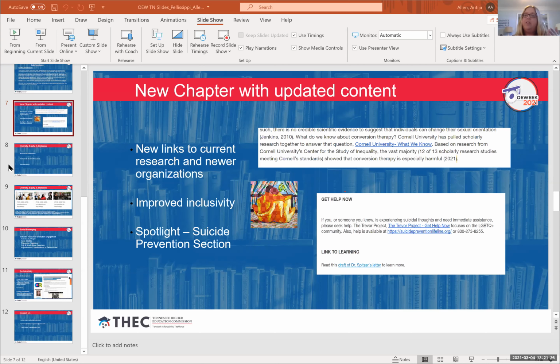Then we can infuse them into other chapters where it might be pertinent, where I've linked to the Trevor Project, which is a very popular and widely used LGBTQ website that has great suicide prevention aspects. And then the Suicide Prevention Network, as well as the web link and the phone number for students to call if they are experiencing any kind of suicide ideation.